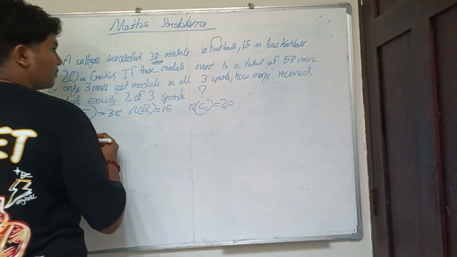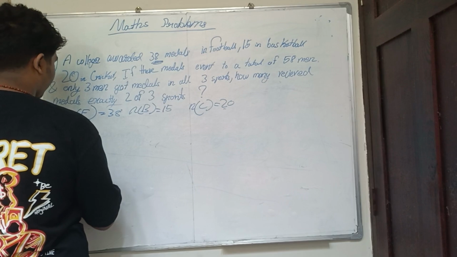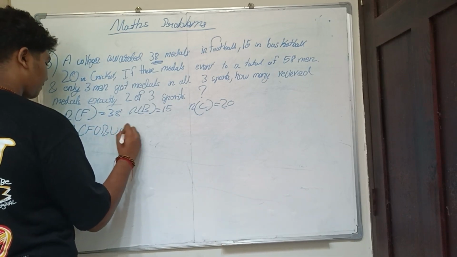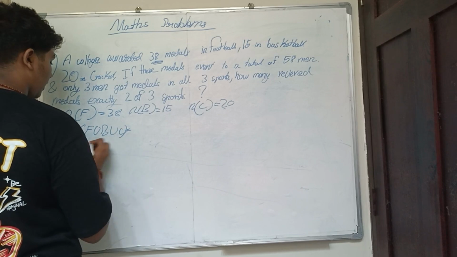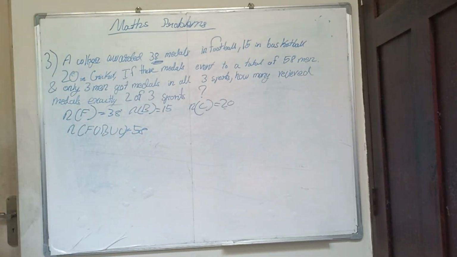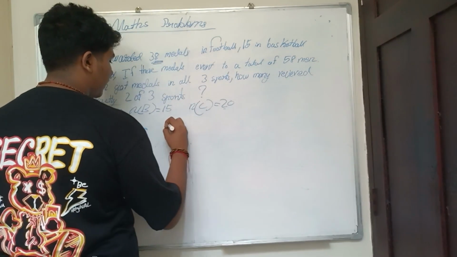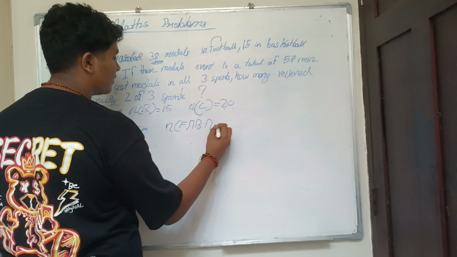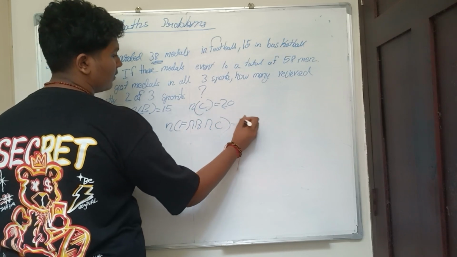So n of F union B union C is 58. And what is this 3? Only 3 men got medals in all 3 sports, which is n of F intersect B intersect C is 3.